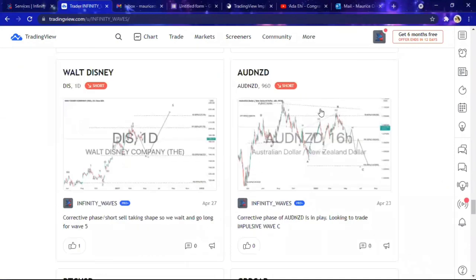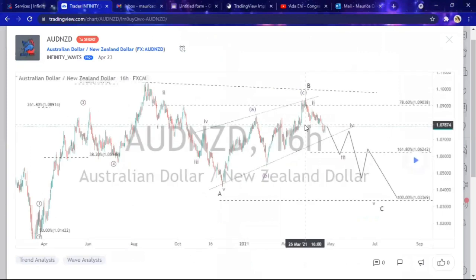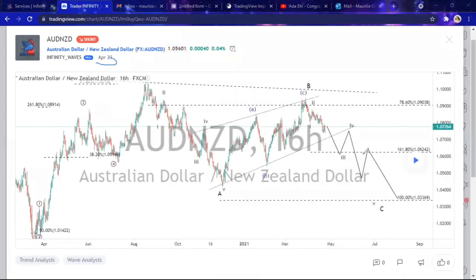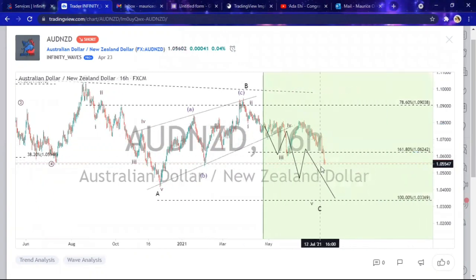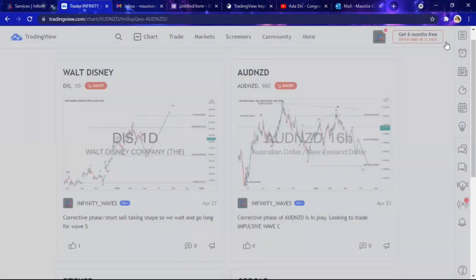This is also Australian dollar, New Zealand dollar. This was April 23rd. Here the price was at this level. We're waiting for it to come down here like this. And it clearly shows how this pair performed. It's moving within our analysis quite well.